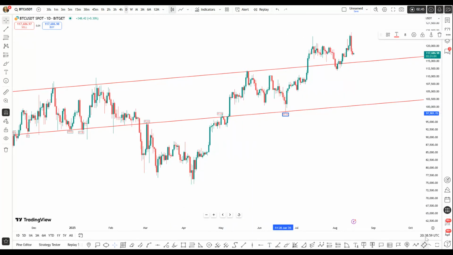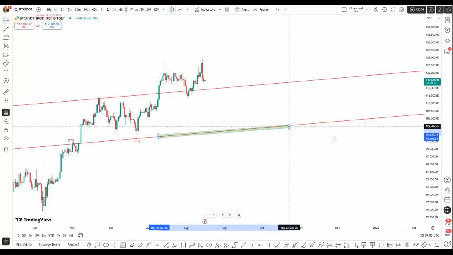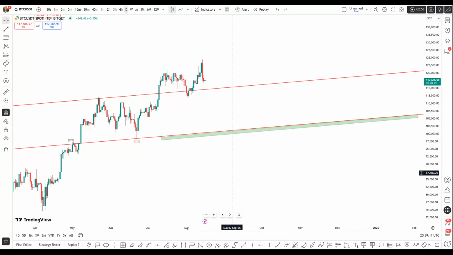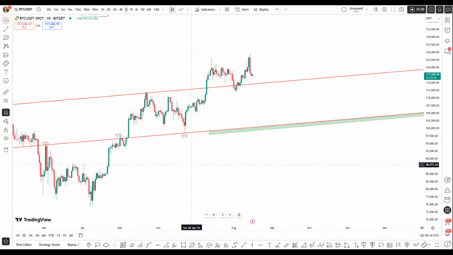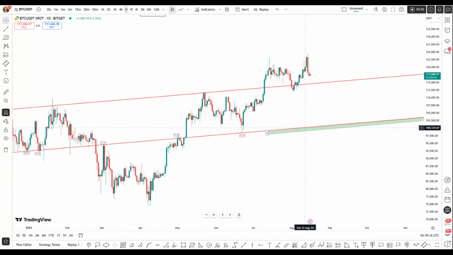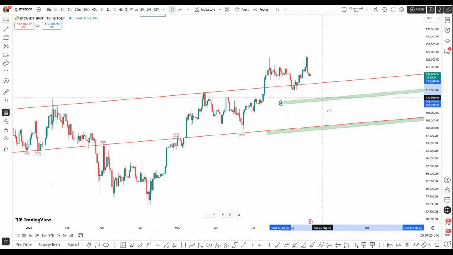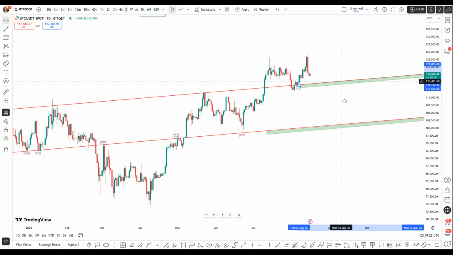New demand floor. Yes, that's a new demand floor now. And if you clone that structure, you got another demand floor.